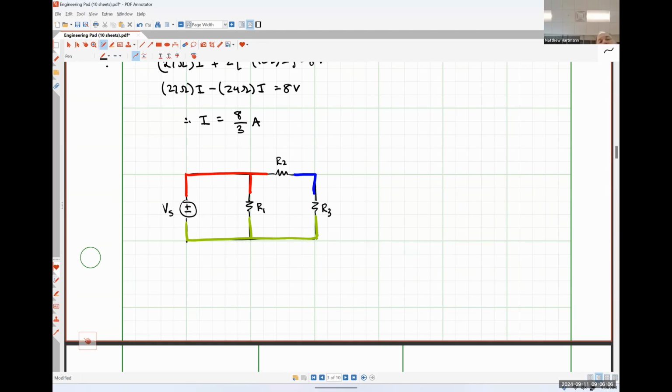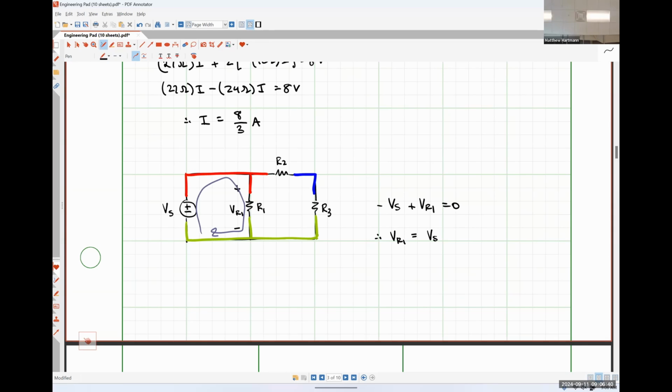So if I wanted to find the voltage drop across resistor R1, which I'm going to call VR1, if I applied Kirchhoff's voltage law around this loop, what I would find is that negative Vs plus VR1 is equal to 0, or VR1 is simply equal to our source voltage.